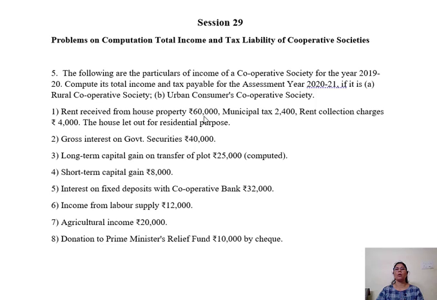Rent received from house property, municipal tax, rent collection charges, the house let out for residential purpose, gross interest on government securities, long-term capital gain on transfer of plot, short-term capital gain, interest on fixed deposits with cooperative bank, income from labor supply, agricultural income, and donation to Prime Minister's Relief Fund rupees 10,000 by check. This qualifies for deduction under section 80G for 100% deduction.